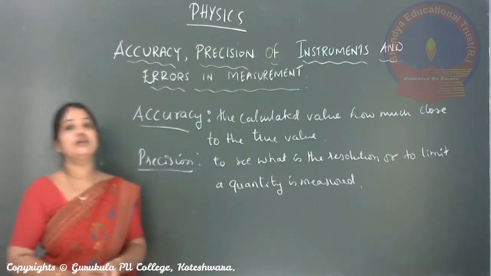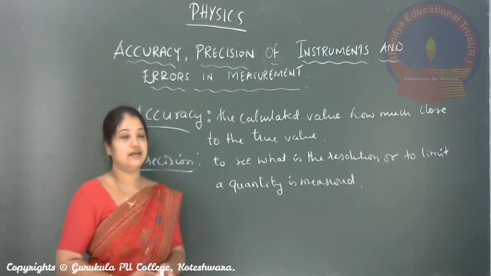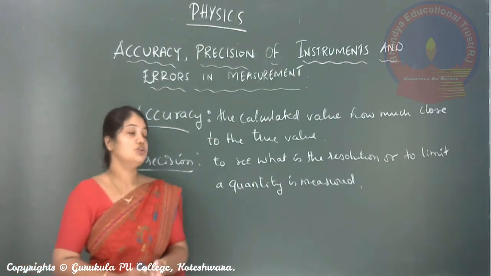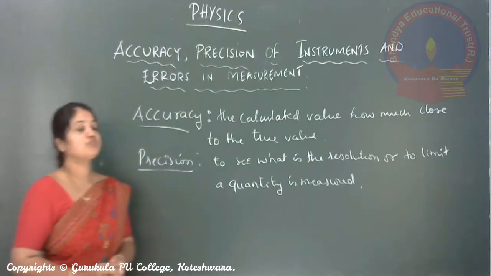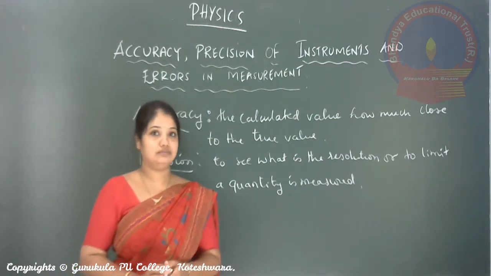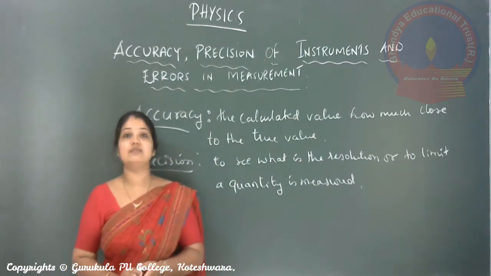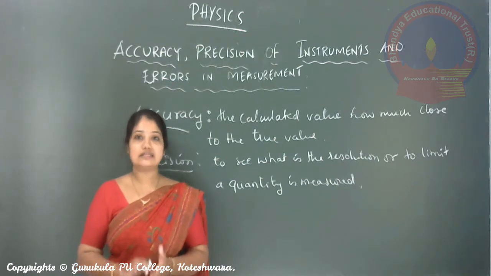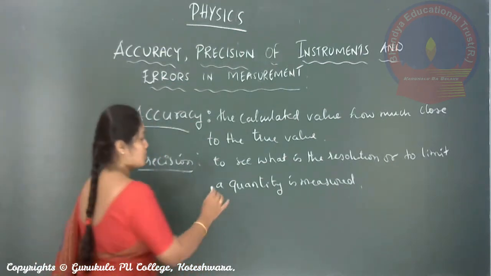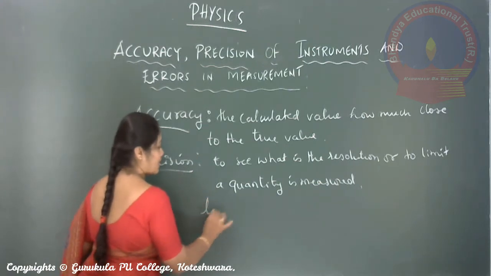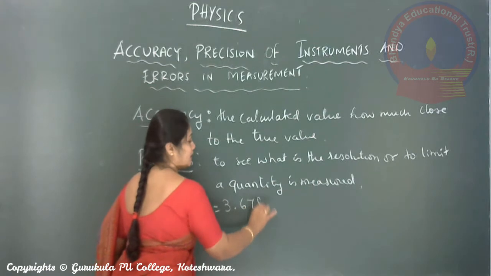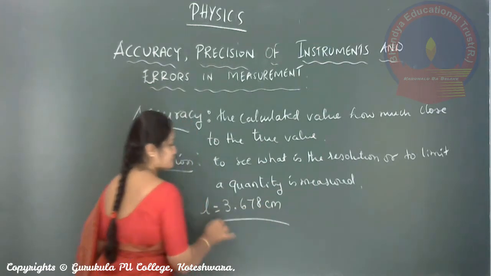Now let me give you an example so that you will understand accuracy and precision in a more general way. In an experiment they found a result, and the true value of length was L equal to 3.678 centimeter.